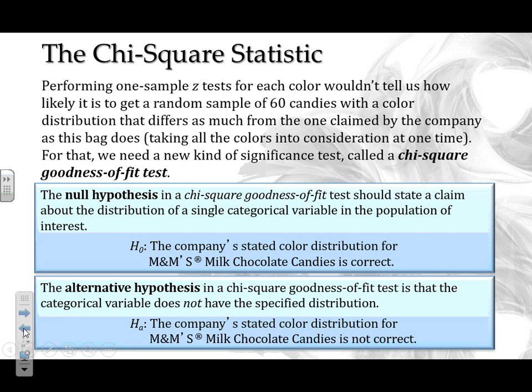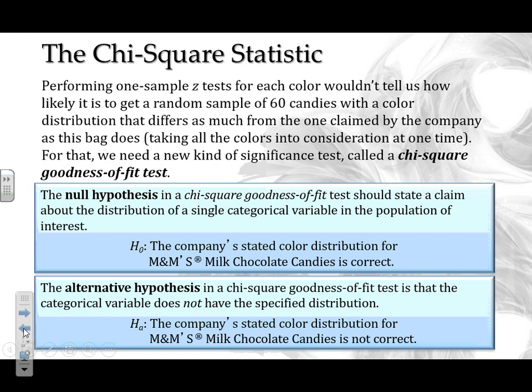With a chi-square test, there's no way to determine whether anything's greater or less than, because we're running a test over multiple different categories. So it's no longer one simple proportion that we're looking at. We're looking at 6 different proportions and how they all compare to each other at the same time. So there's no way to determine if the percentages are less than or greater than based on an overall look.